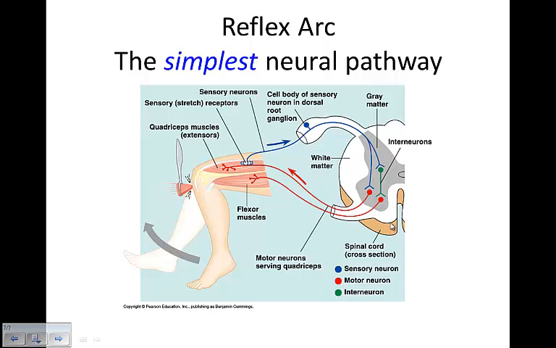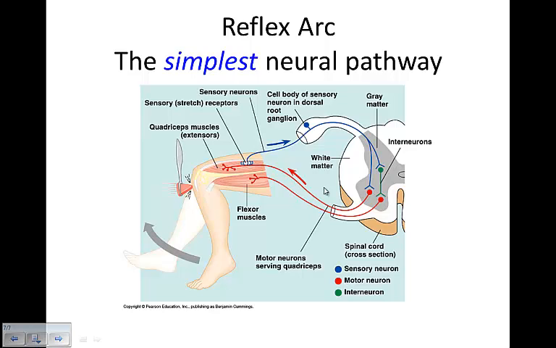And then you have an interneuron, which is from the central nervous system, brain, spinal cord, remember. So the interneuron is in the spinal cord, and it relays the energy back out to the motor neuron instead of to the brain. Inter means go between, and so it's between the sensory and the motor neuron.